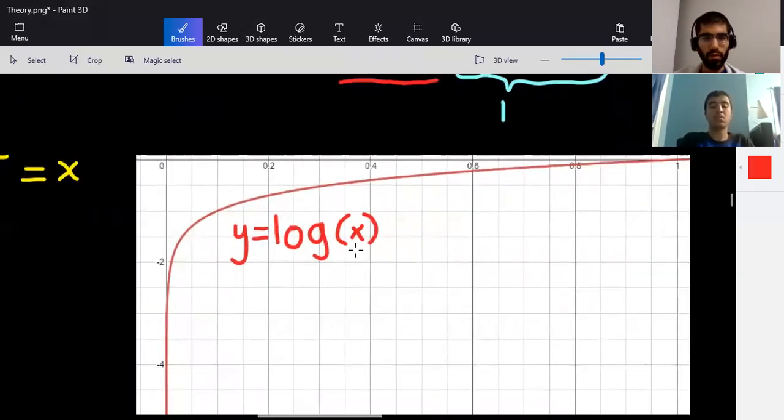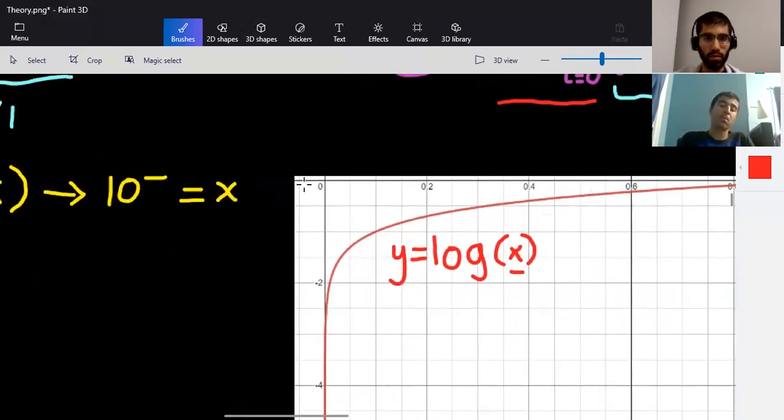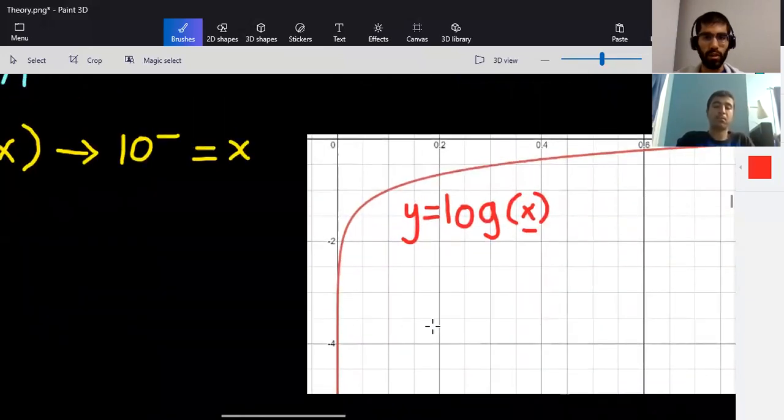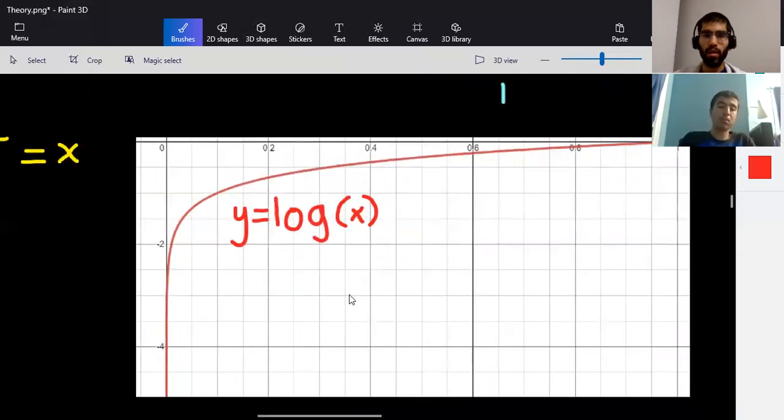When we have an input of 1 to the log function, then the value we get is basically 0. And then the closer we get to 0, the value is basically negative infinity. So the closer the input is to 0, the bigger the value is in the negative direction. The closer the input is to 1, the closer the value is to 0. Make sense?